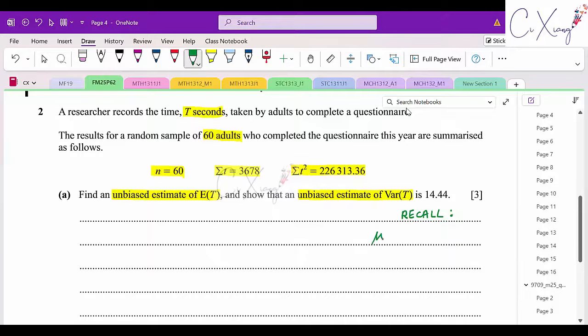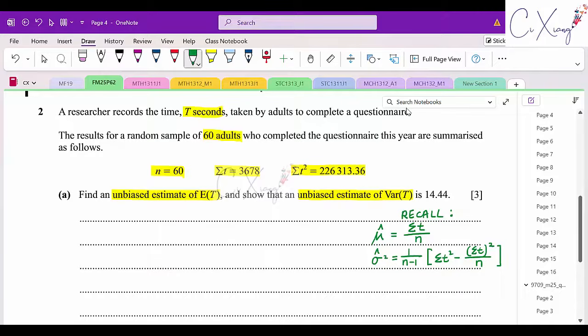To estimate the mean, the general formula is summation of x divided by n, or summation of t divided by n in our case here. Then the estimate for the variance will be 1 over n minus 1, times summation of t squared minus the summation of t, all squared, divided by n.